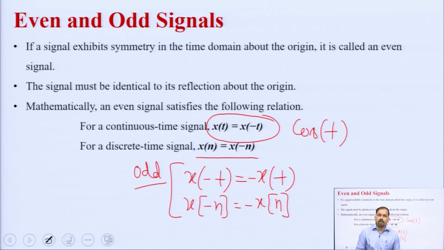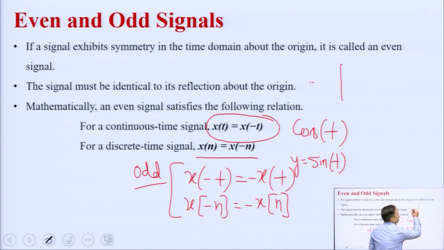And we are already aware, if we take an example of y equals sine t, we can clearly see that if we put t equals minus t, we get minus of sine t. The cos signal is something like this.